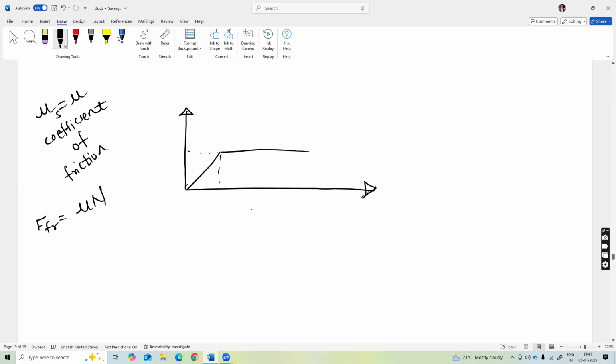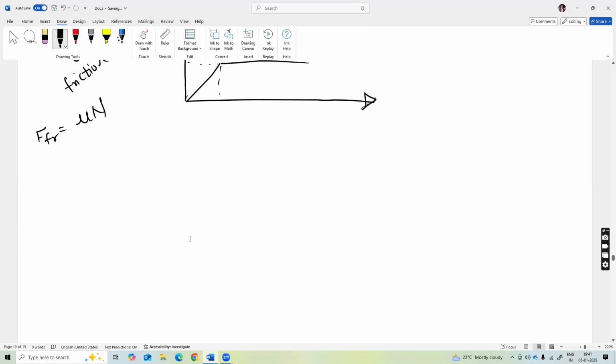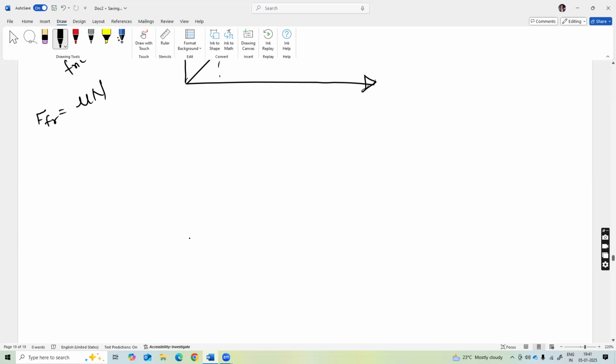However, in the actual scenario, this mu is basically known as the static frictional coefficient.